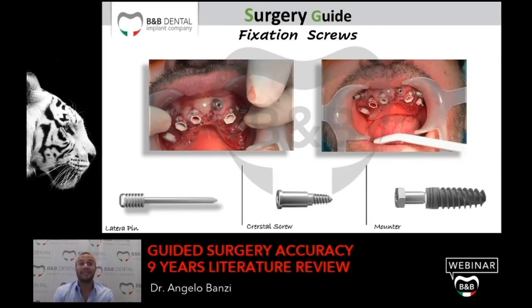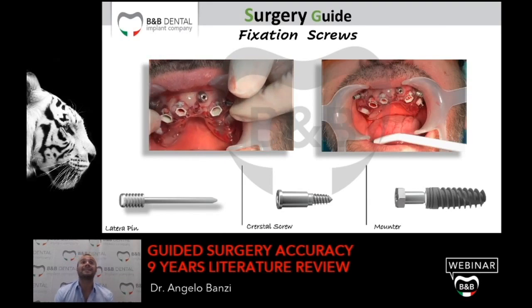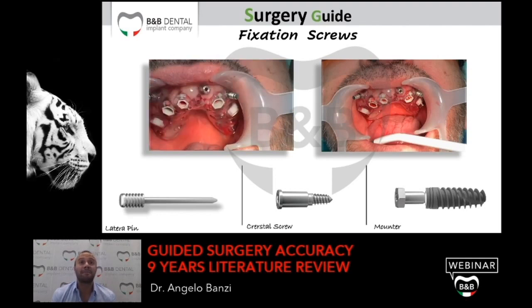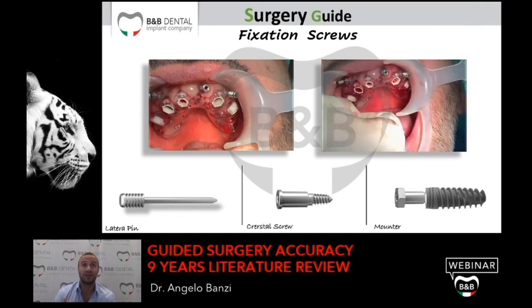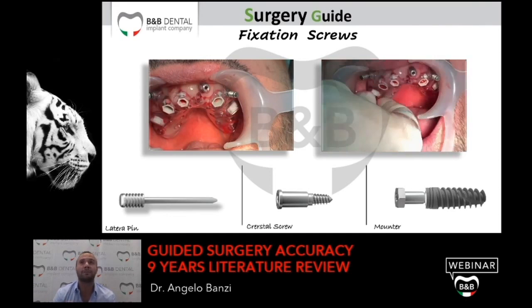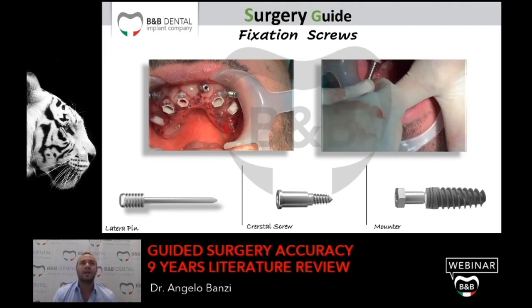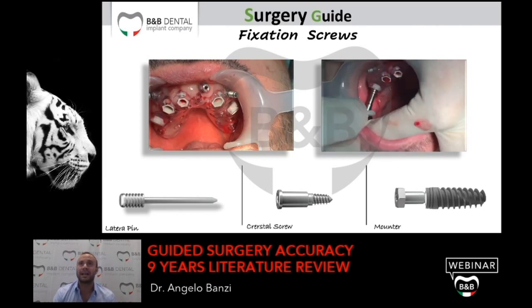And all the authors that we have seen before agree that it's important to work with the lateral pin. This is an image that shows you that the posterior part of the surgical template can lay down from the position, even if you use the lateral pin.